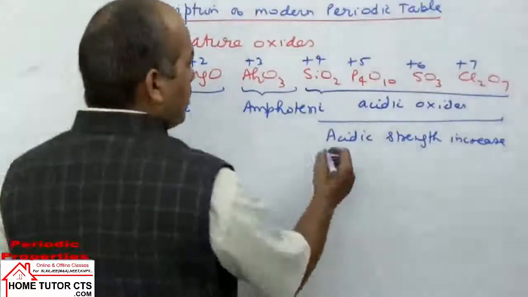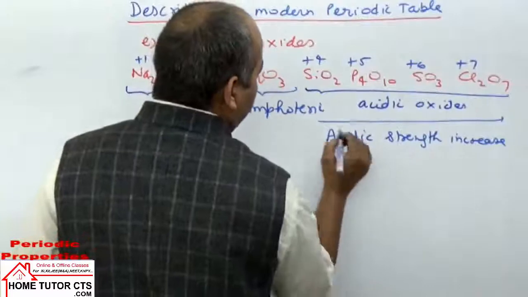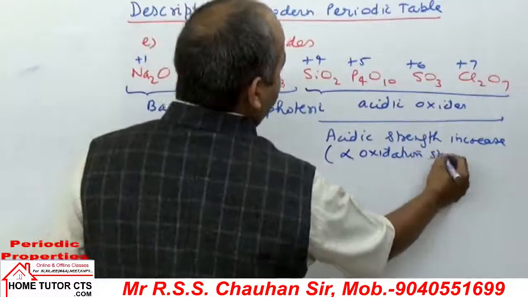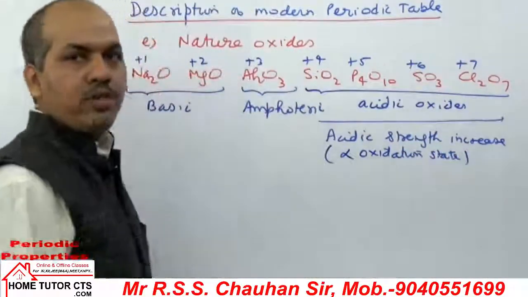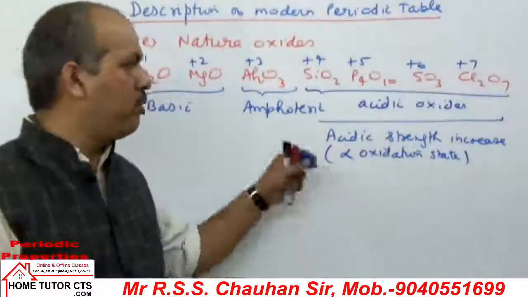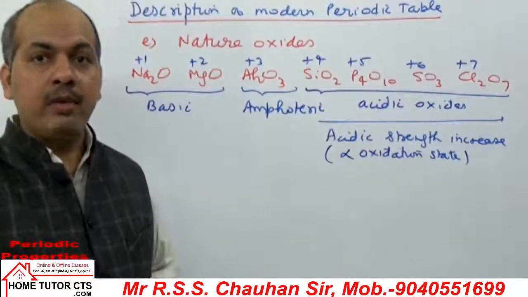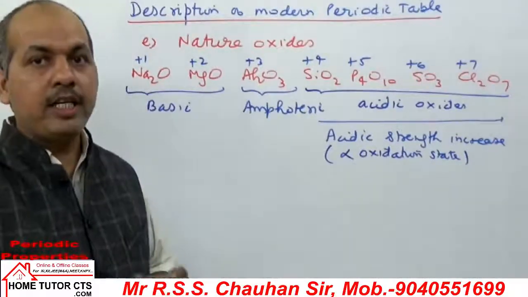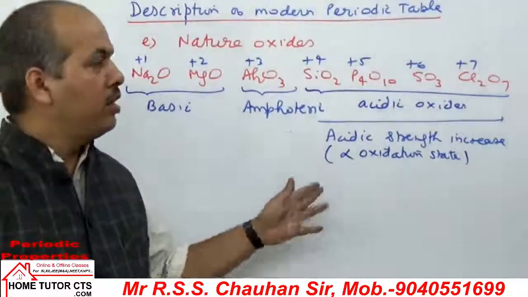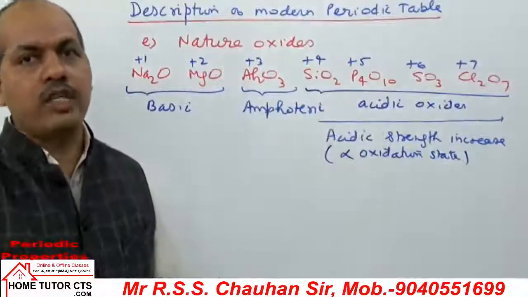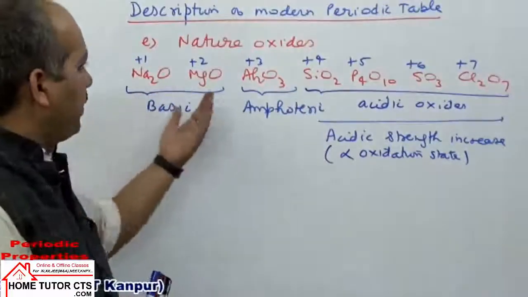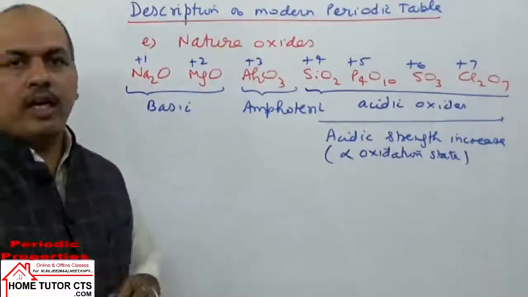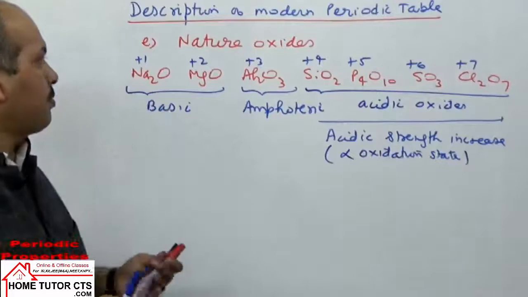For different elements, this strength is directly proportional to oxidation state. We don't use the word always, but mostly, higher the oxidation number and more electronegative the element, the more acidic oxides they form. More basic oxides are formed by metals in low oxidation number, or more electropositive elements form basic oxides.